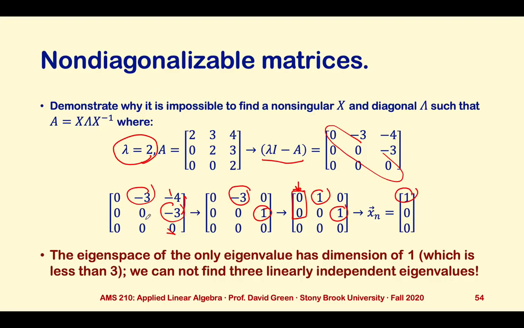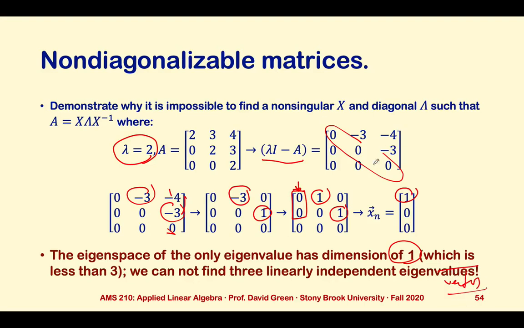The eigenspace of this single eigenvalue has a dimension of 1. The geometric multiplicity of this is 1. The algebraic multiplicity was 3. 1 less than 3. We cannot find 3 linearly independent eigenvectors.